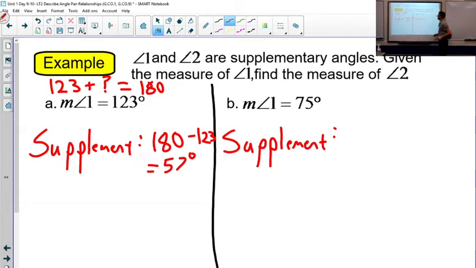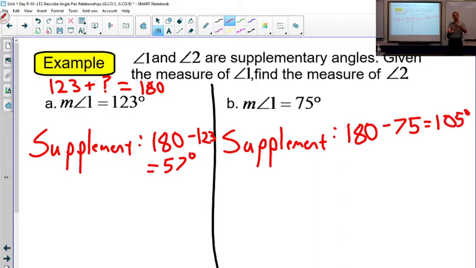Next one, 75 degrees. We're going to do exactly the same thing. We're going to take 180 and subtract my angle, which is 75, which will give me 105. And again, this is the supplement because if I take the angle I had, 75, and add its supplement, 105, 75 and 105, guess what?